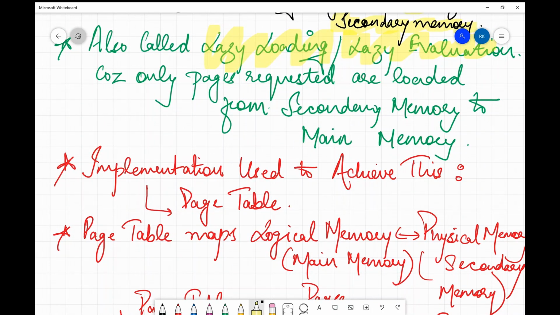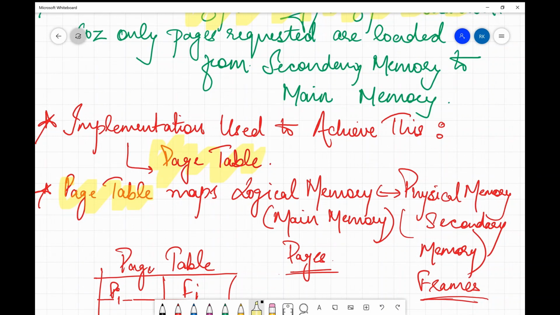Now the implementation used to implement this technique is a page table. We basically use a page table which is nothing but a mapping between the pages and the frames. As we all know, there are two kinds of memories whenever we talk about storage. One is main memory and the other is secondary memory.